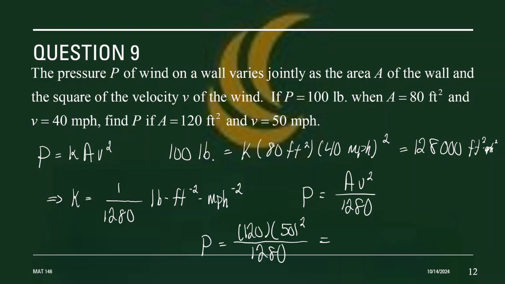This might require a calculator. We'll see. 12 times, so what's 50 squared? 2,500.